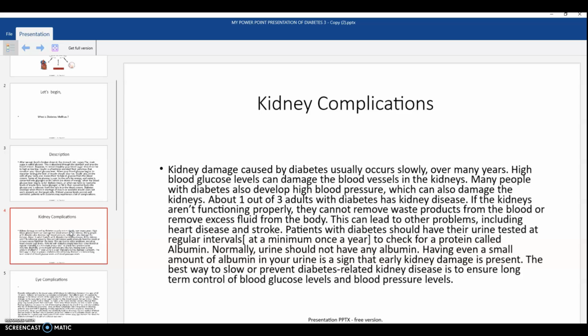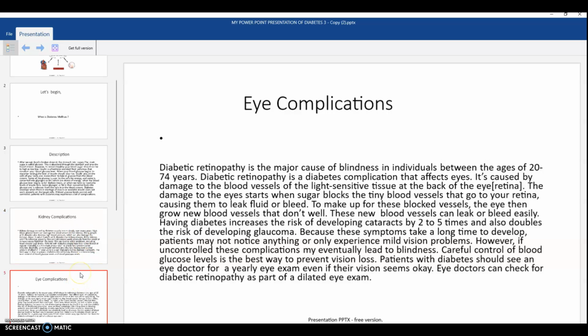So let's move on to another slide where we'll also look at the different complications, which is eye complications, because people with diabetes also have a problem with their eyes. Probably they become blind.